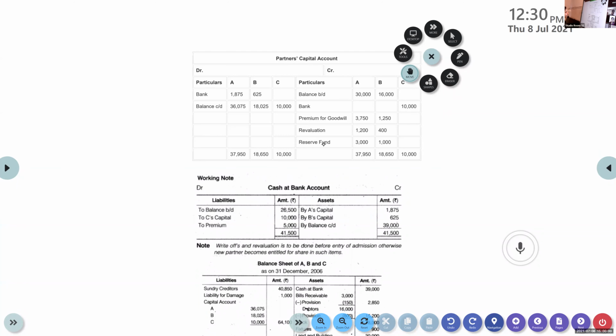The first one, balance brought down, is the original capital contribution by the old partners. So we have 30,000 and 16,000 in the balance sheet.